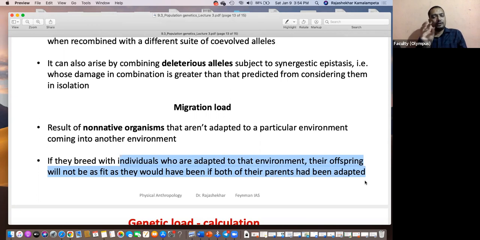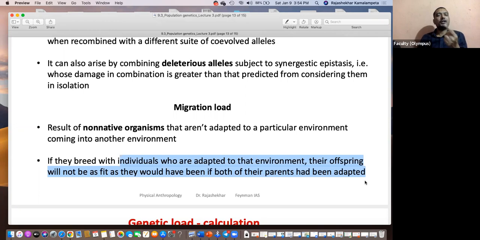So first, let me take migrational load. Without even migration, segregation load can happen, correct? Within that population also, the mutant allele, because of segregation, can result in a new combination, resulting in a gamete carrying the mutant allele. It doesn't matter whether it's migration or not.